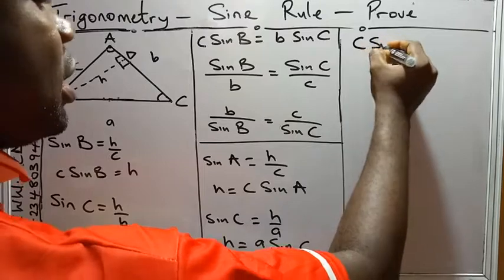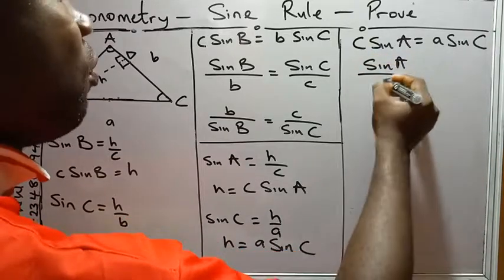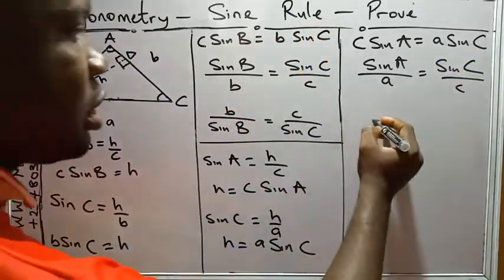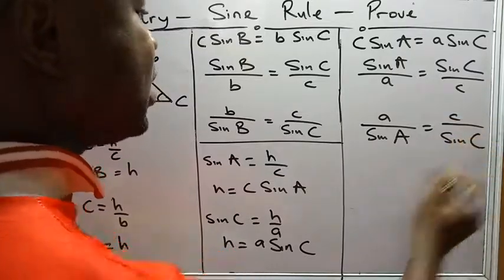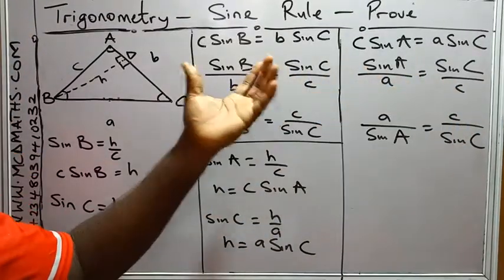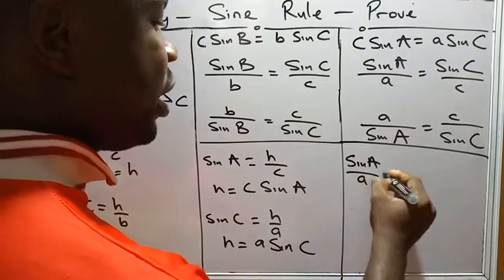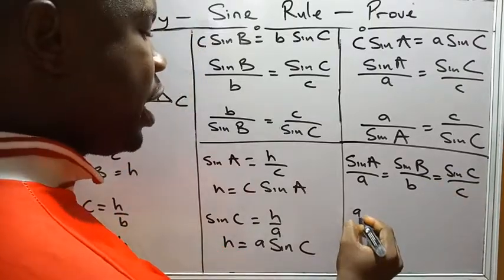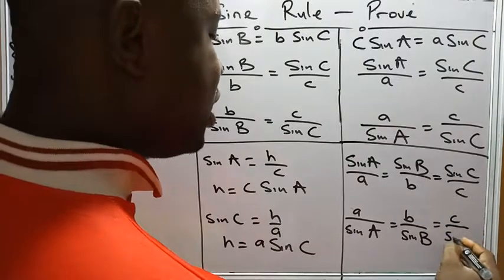So C sine A is equal to A sine C. If you rearrange it, sine A over A is equal to sine C over C. And if you want to put the sides on top, A over sine A equals C over sine C. So sine A over A equals sine B over B equals sine C over C, or A over sine A equals B over sine B equals C over sine C.